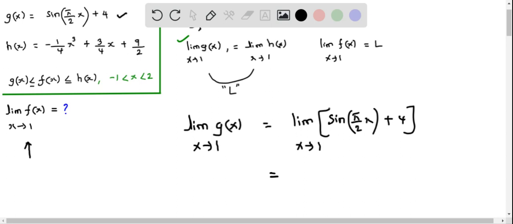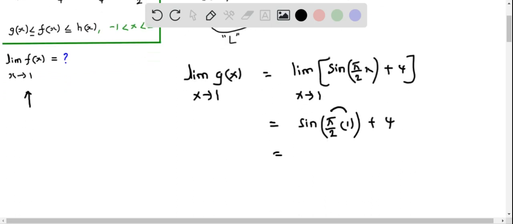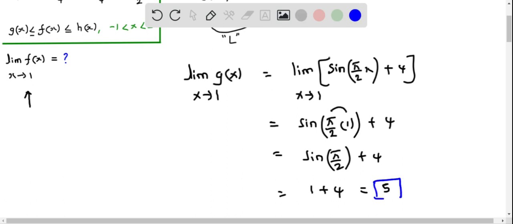When we do that, we get sine of pi by 2 times 1 plus 4. And pi by 2 times 1 is pi by 2. So it is sine pi by 2 plus 4. We know the value of sine pi by 2 is 1. So this value is 1 plus 4, and this gives 5. So we found the limit of g of x when x approaches 1, and this equals 5.